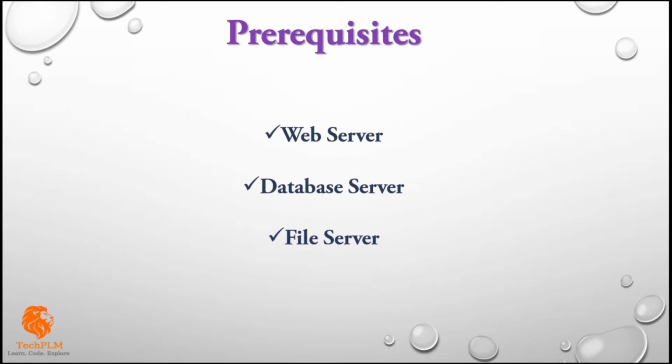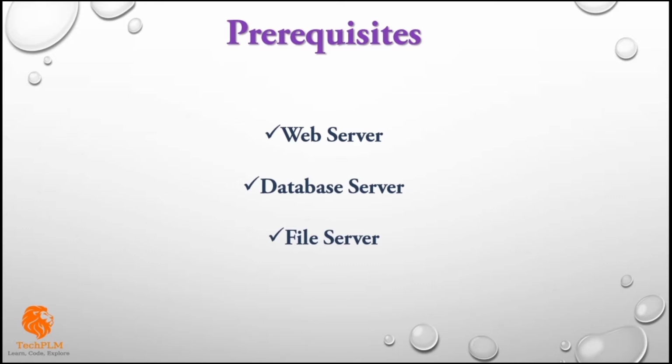In our Aras setup, the web server, database server and file server, all these three things we are going to install or configure in one system. But why are we doing that? Because we are installing Aras Innovator locally in our system, but in real scenarios, in real time projects, the web server will be different, the database server will be different and the file server will be different.